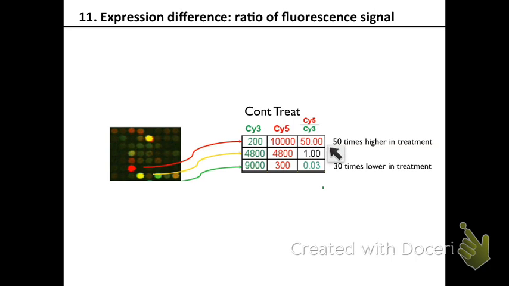So you can see here that for this gene, when you take a ratio, that gene is expressed 50 times higher in the treatment sample compared to no treatment sample. Okay? And in this example, when you take a ratio, you see that that gene is expressed 30 times lower in the treatment sample compared to the no treatment sample.